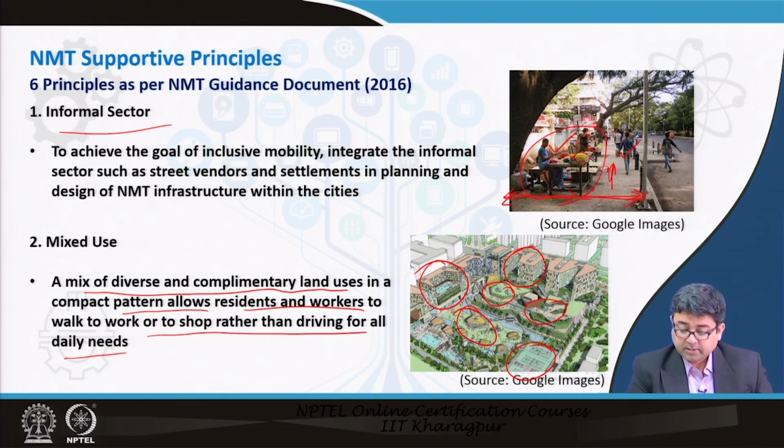So, all of this is a complete mixed use area. So, if you have such areas, people who live here will just walk to the restaurant, or walk to the tennis court, or just walk to work from home. All of this will be within walking distance, as this encourages NMT usage.